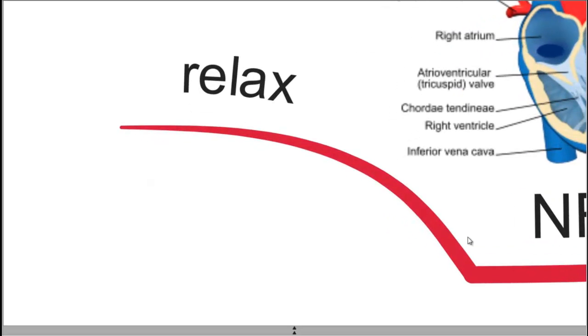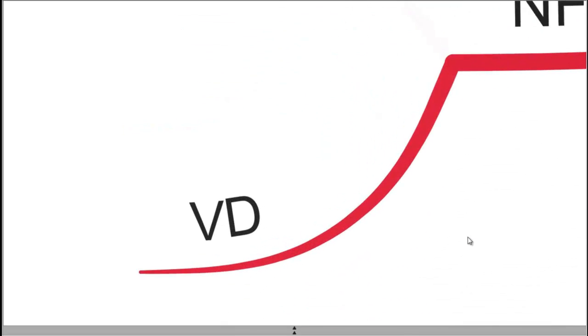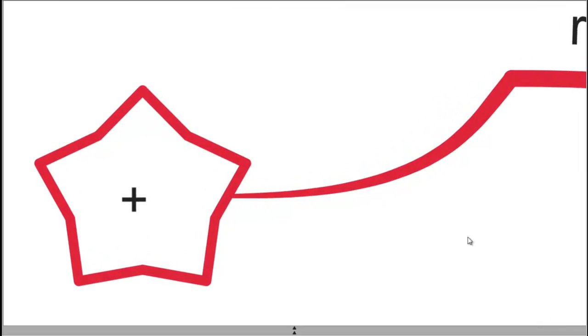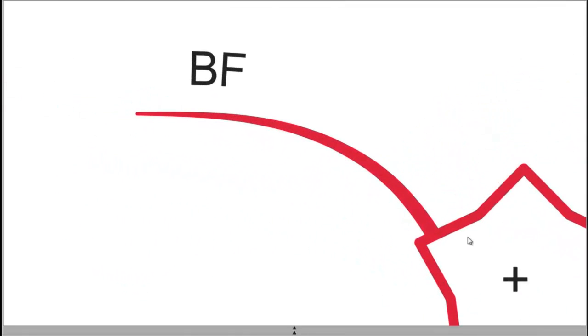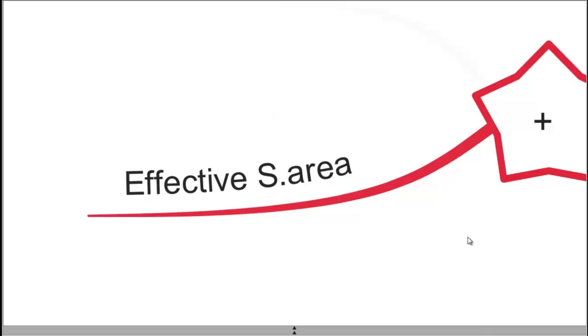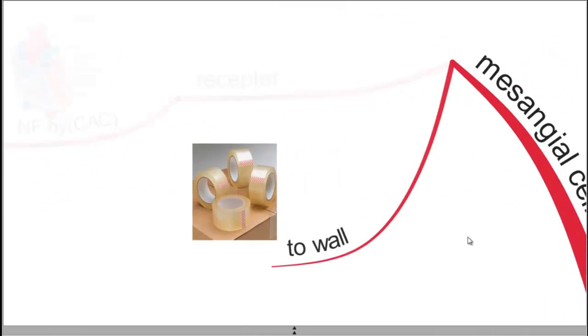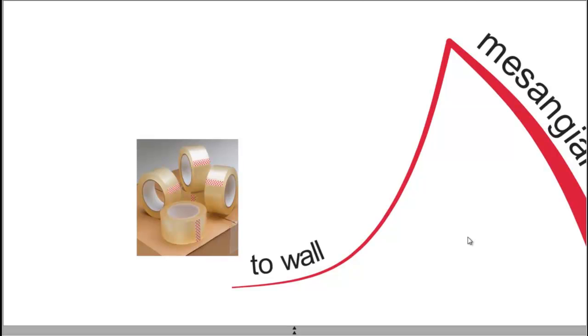This factor causes relaxation and vasodilation. These two things increase blood flow and effective surface area. And finally, we find mesangial cells adherent to the wall.